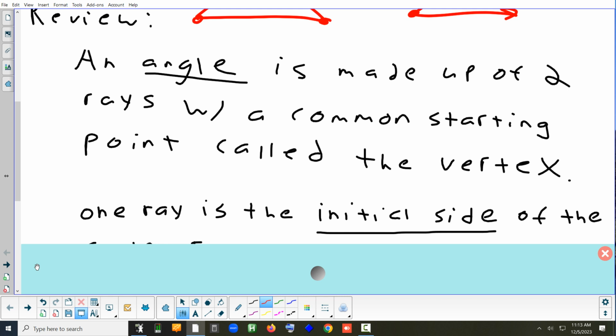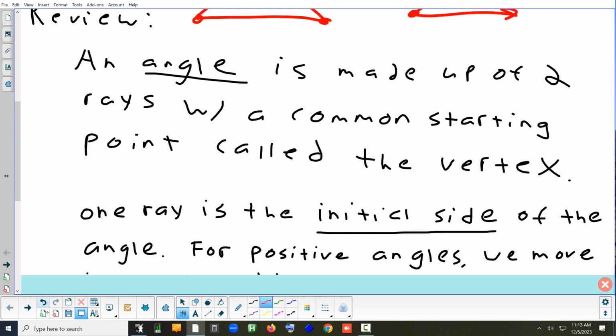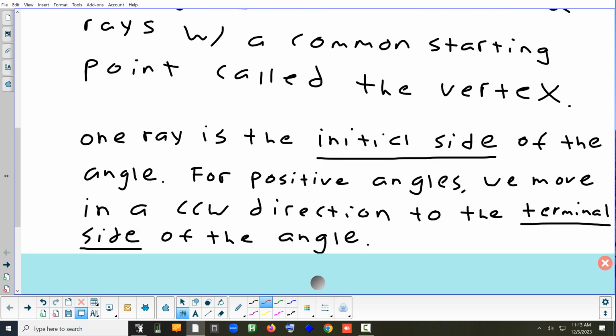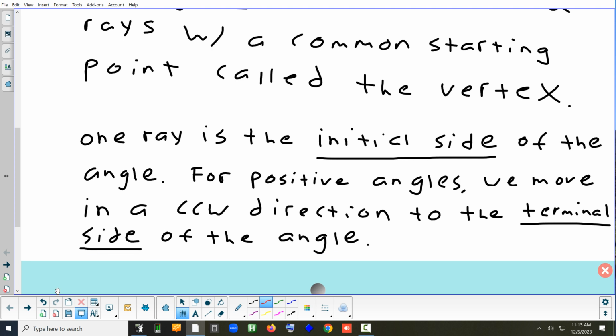When you draw an angle, there are always 2 rays. One of the rays we call the initial side, the other ray we call the terminal side. So how do we figure out which side is which?